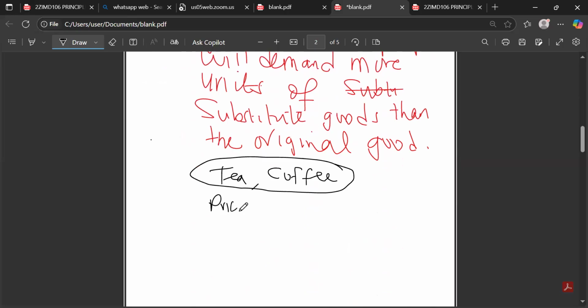The price of tea, for example, is about 20 kwacha per packet, and coffee is about 50 kwacha per packet.